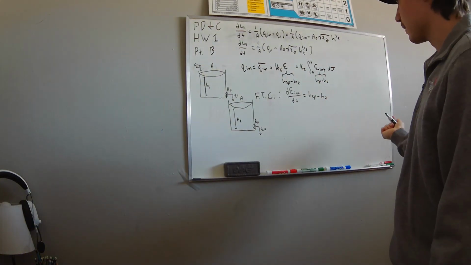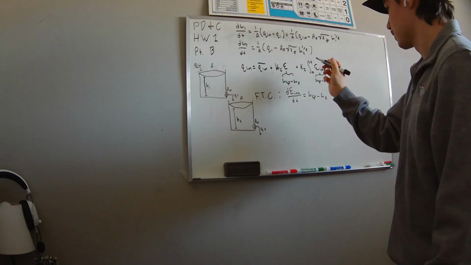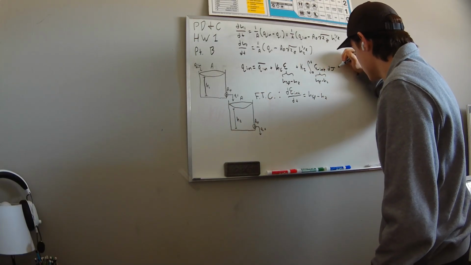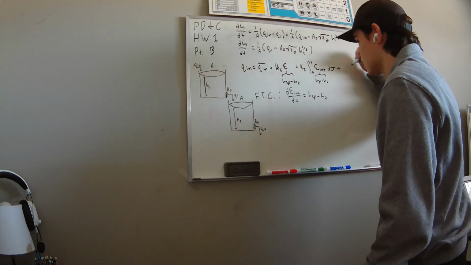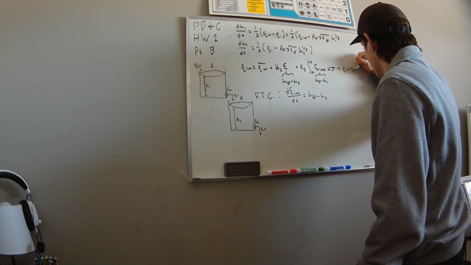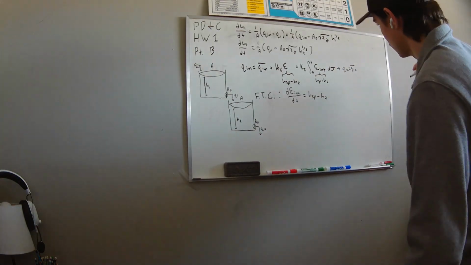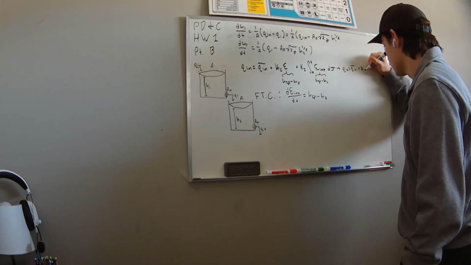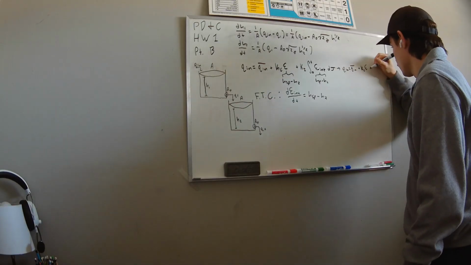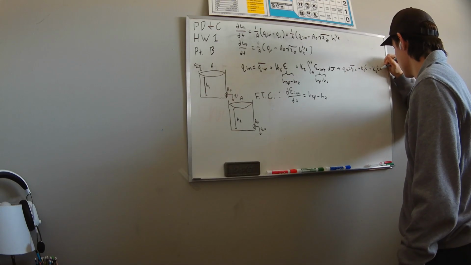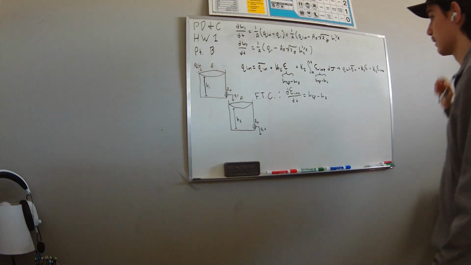And that allows us to simplify this equation a little bit, taking us to Qin equals our Qin at our initial steady state plus Kc times E plus Ki times E_int.